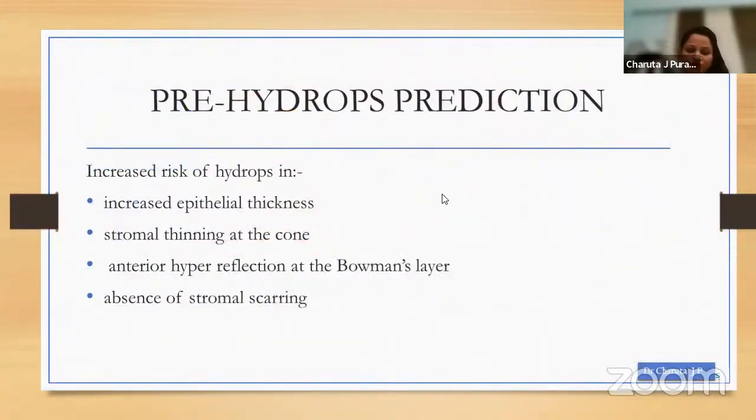Fuentes et al. in 2015 described a series of cases wherein they had followed up serially all cases of keratoconus, and they demonstrated that there is increased risk of hydrops in cases with anterior segment OCT findings of increased epithelial thickness, stromal thinning at the area of the cone, anterior hyperreflectivity of the Bowman's layer, and absence of stromal scarring.